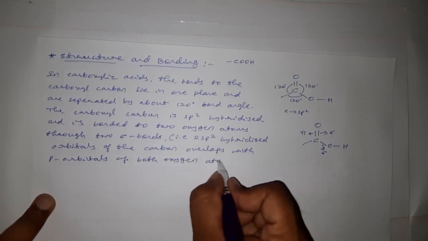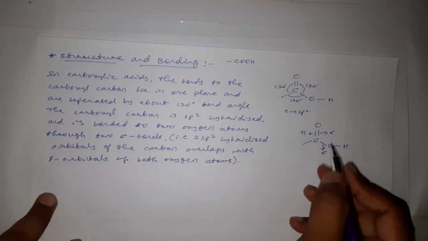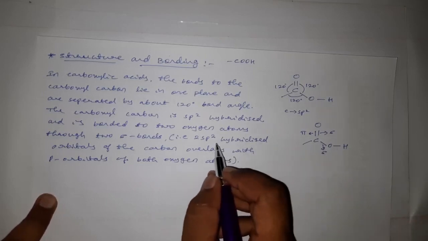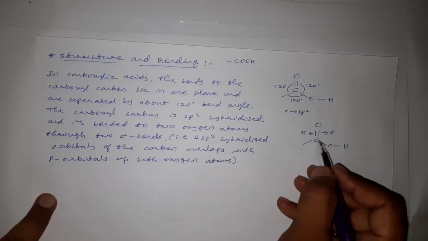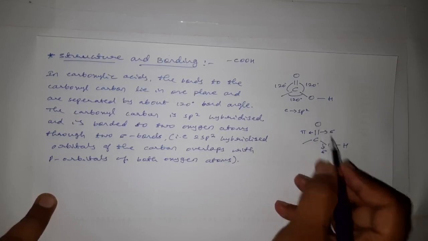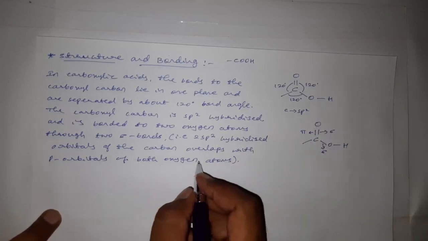Correct? How are these sigma bonds forming? By the overlapping of two sp2 hybrid orbitals of the carboxyl carbon with the p orbitals of both oxygen atoms.